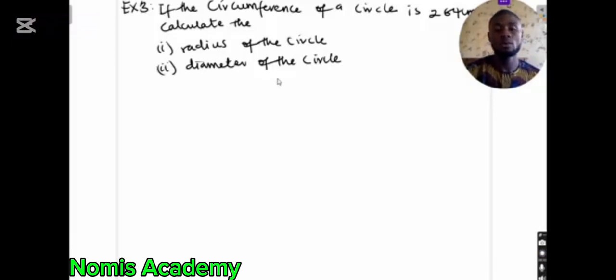So let's go to the solution. We say that the circumference of a circle is equal to 2 pi r. To make r the subject of the formula, we divide both sides by 2 pi.